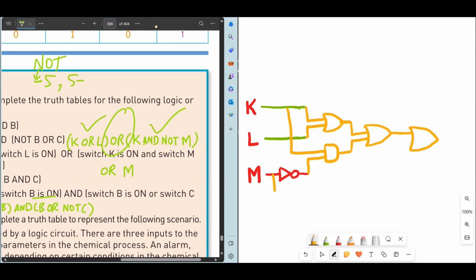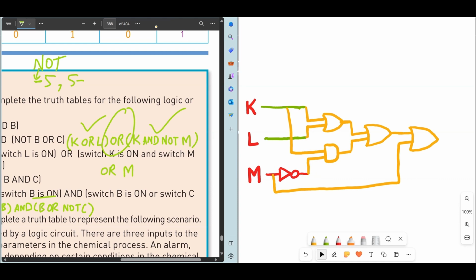M goes from the back of the NOT gate. Please focus on this. This is the back of the NOT gate. This is M, and after the NOT gate, this is M NOT, or not M.